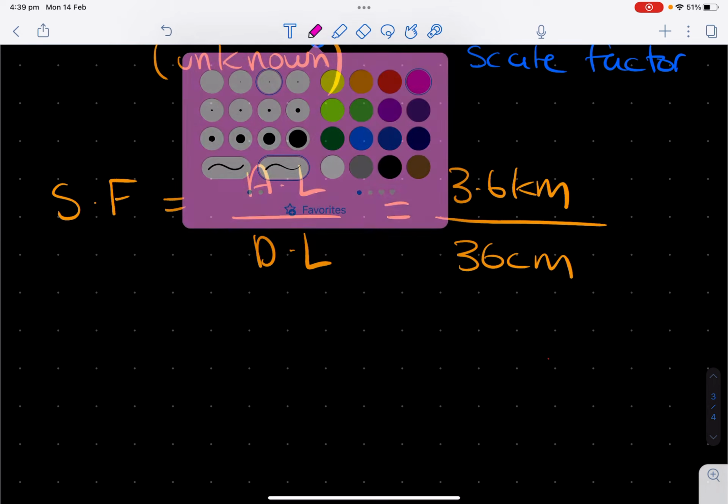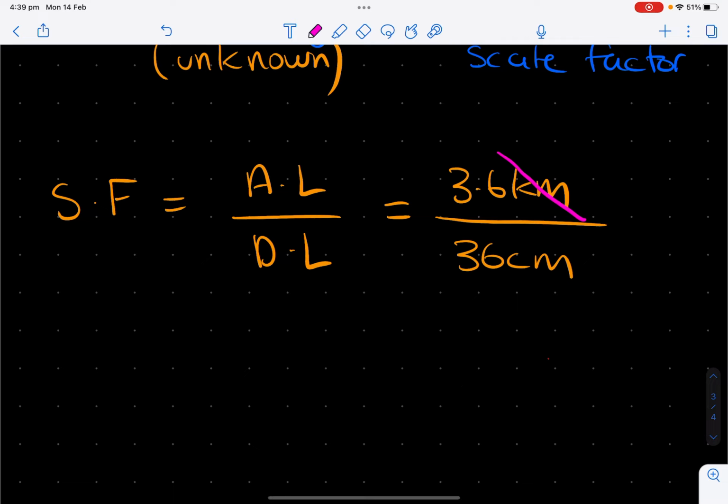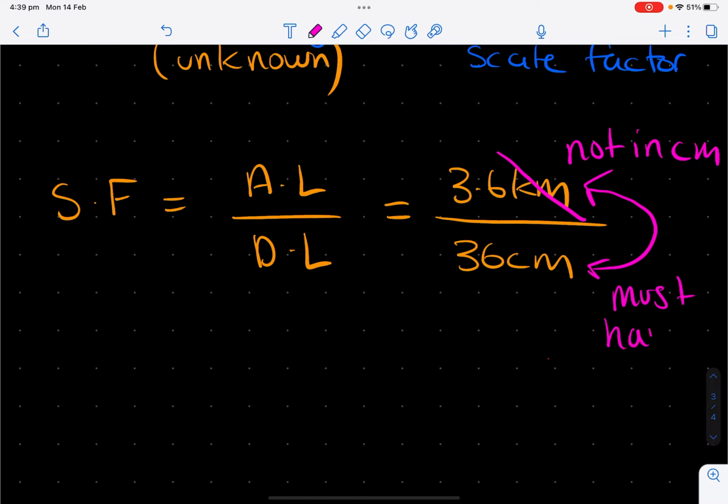But we can't do this equation straight away because this is not in centimeters. We must have the same units. So we need to convert them into the same unit; we could either convert 36 centimeters into kilometers or 3.6 kilometers into centimeters.